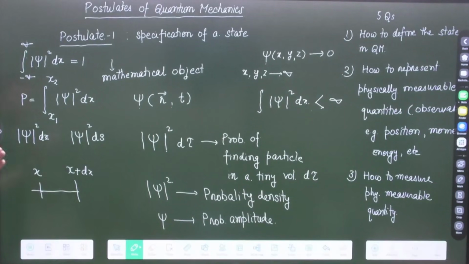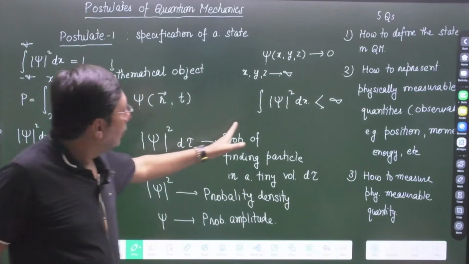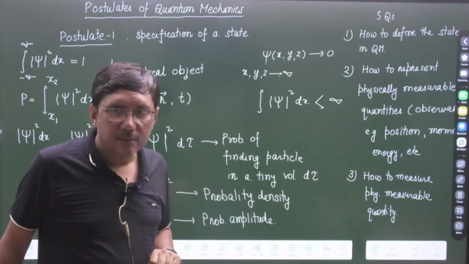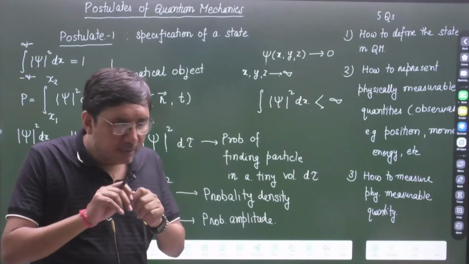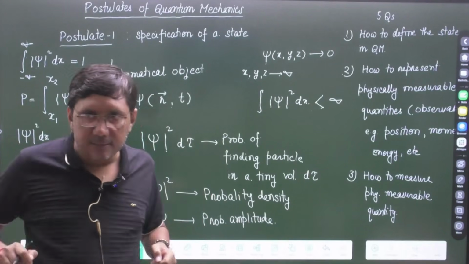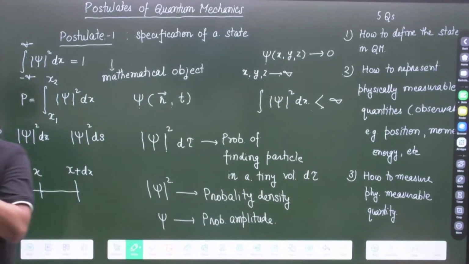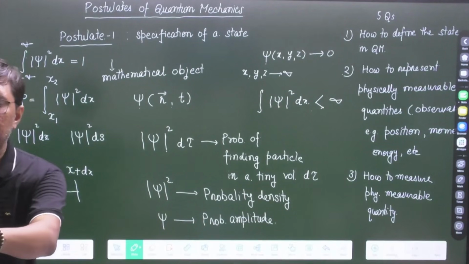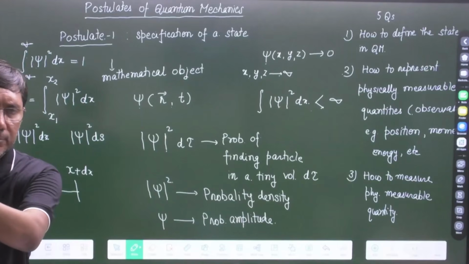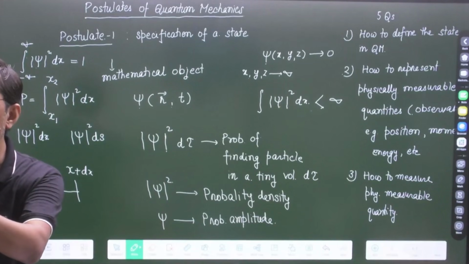So we have defined psi to some extent. Now we are going to give it some characteristics. What will be the properties of this psi? For an acceptable wave function, what should be the properties? Suppose this is the volume dV.